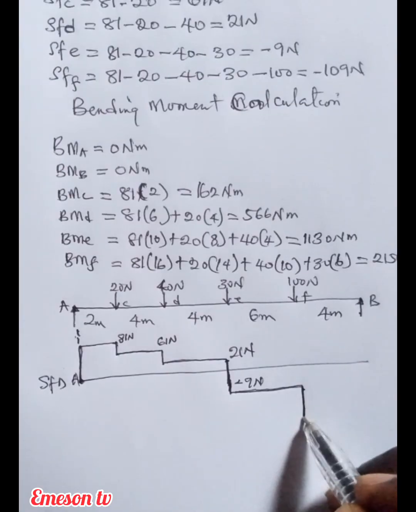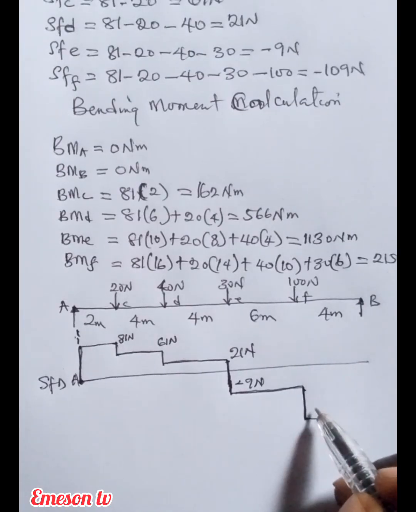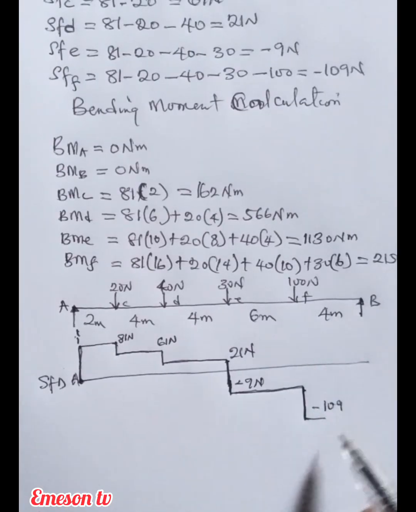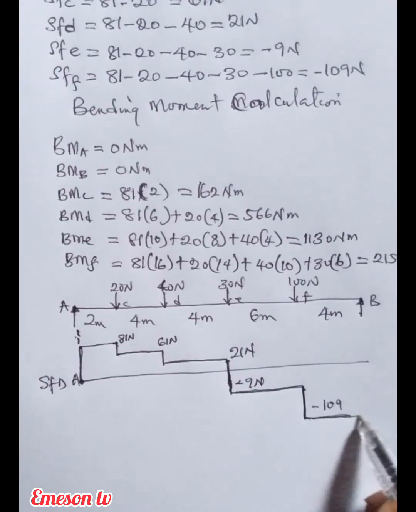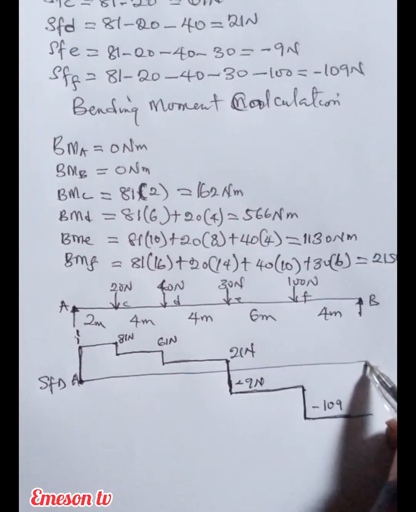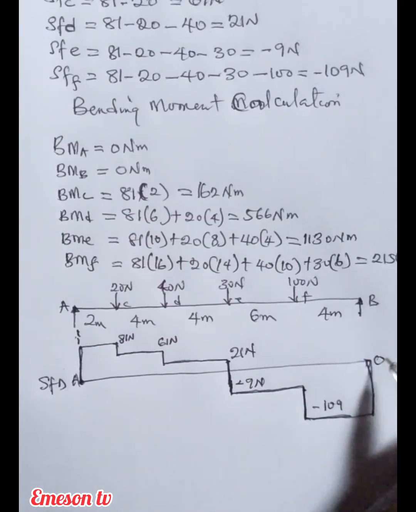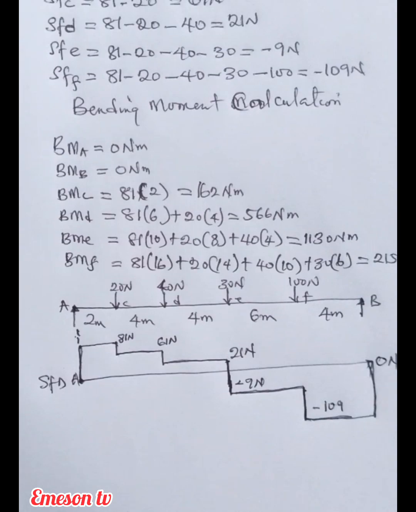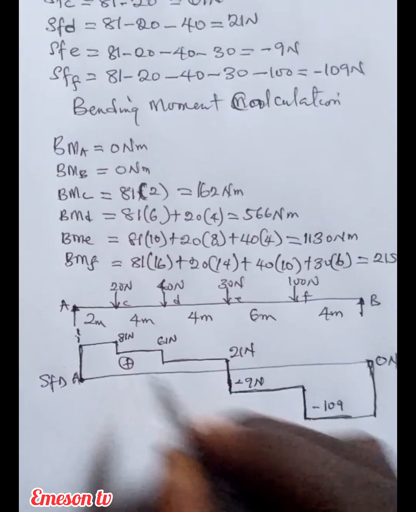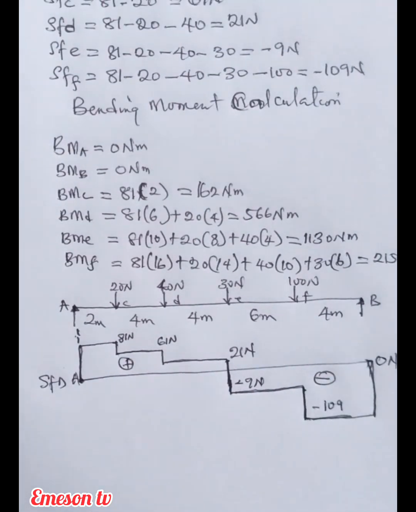This minus 109 will move to close down. The shear force at this point is 0. So this is the shear force diagram. Here is positive, here is negative.